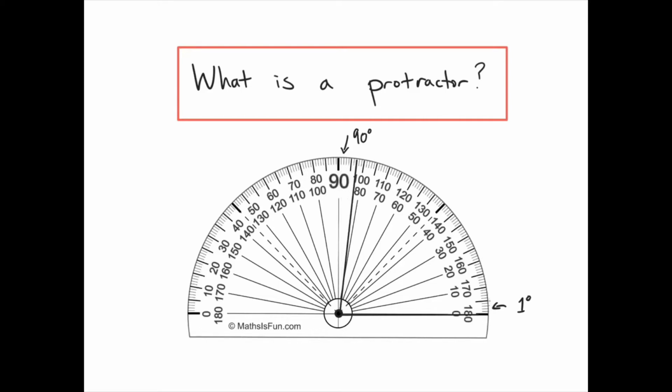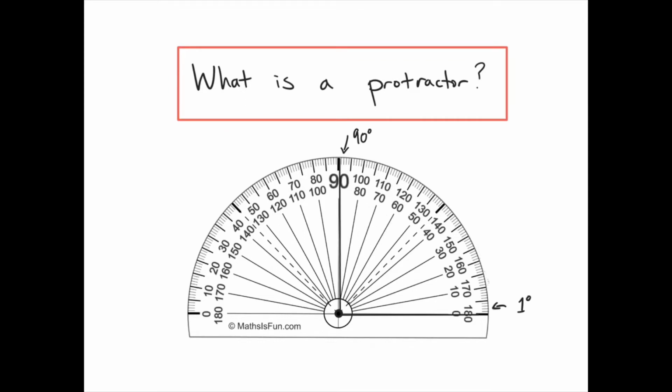And as I get smaller, I get to 80 degrees right here, 70, 60, 50, 40, 30, 20, 10 degrees. And I'll get all the way down to a 1 degree angle right here. So as I go from 0, it's growing, up to 90 degrees.